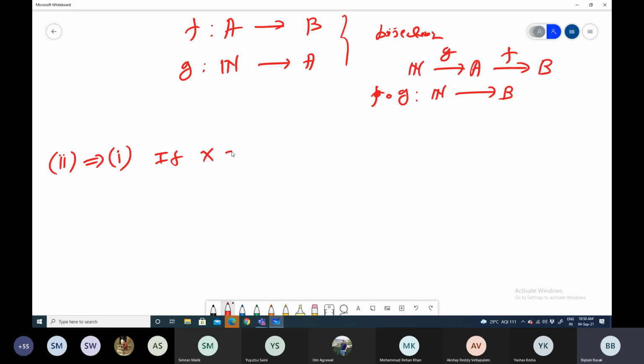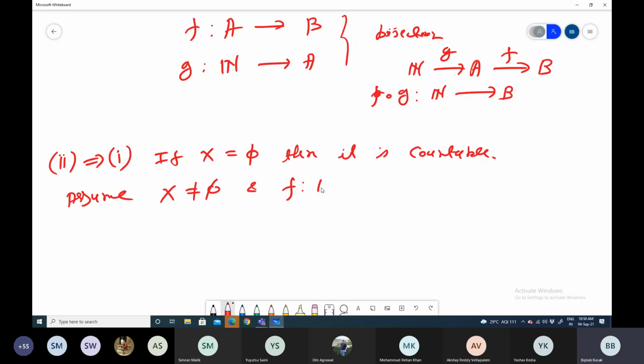Now if X is empty, then it is countable because it is a finite set. So we are done. Now assume X is non-empty and f from the natural numbers to X is a surjective function.